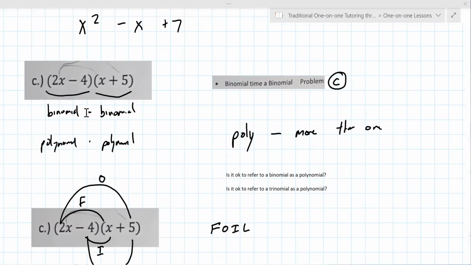No, I think it's a binomial times binomial. So that would be C, binomial times binomial. It could be a polynomial times a polynomial, but that's what we're trying to gain some clarity on, whether that's actually the case. And it is, in short. Okay.